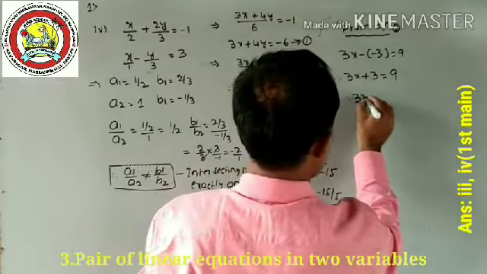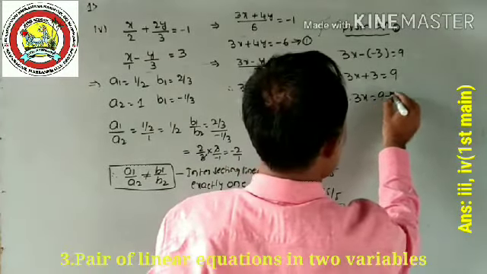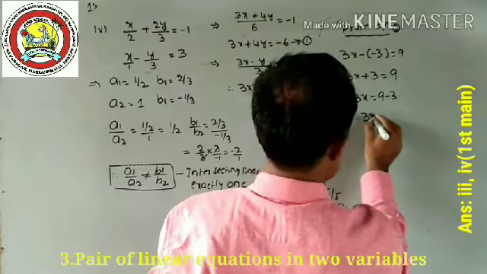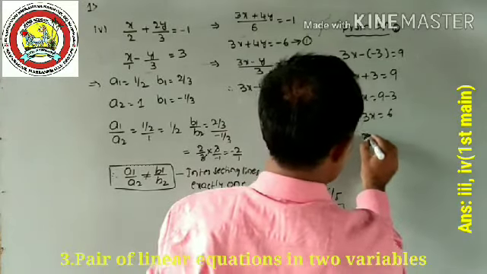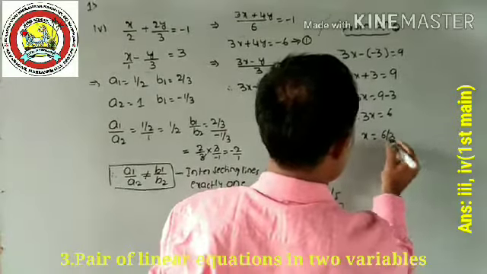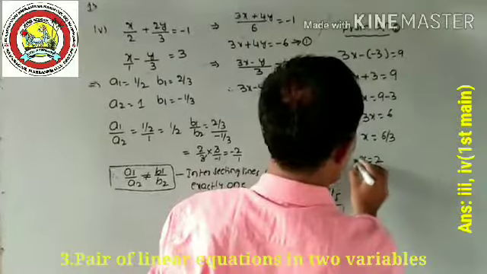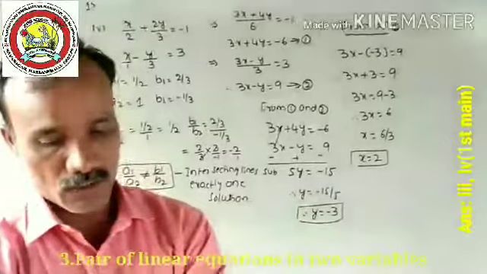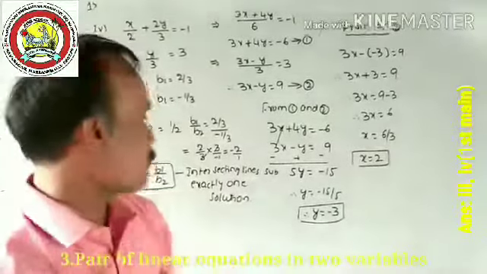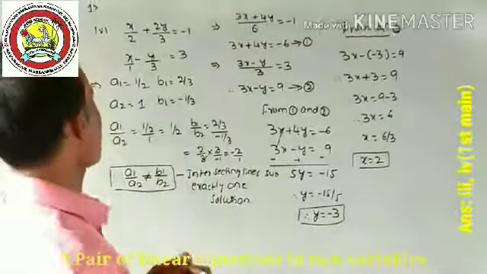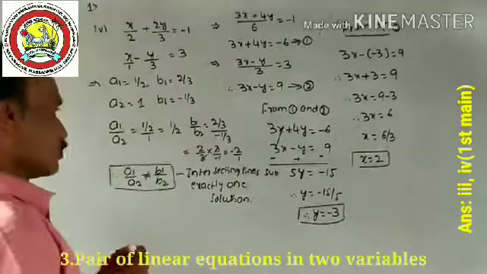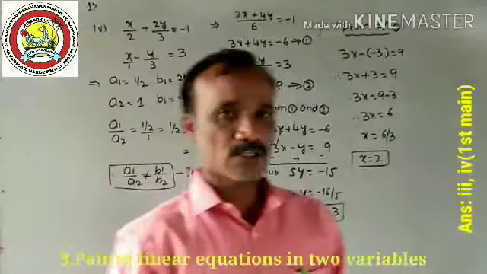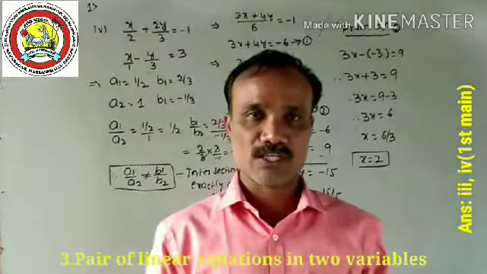Therefore 3x is equal to 9 minus 3, which is 6. x is equal to 6 by 3. Therefore the value of x is equal to 2 and the value of y is equal to minus 3. So this is the fourth question. The remaining questions I will start in the next video class. Thank you.